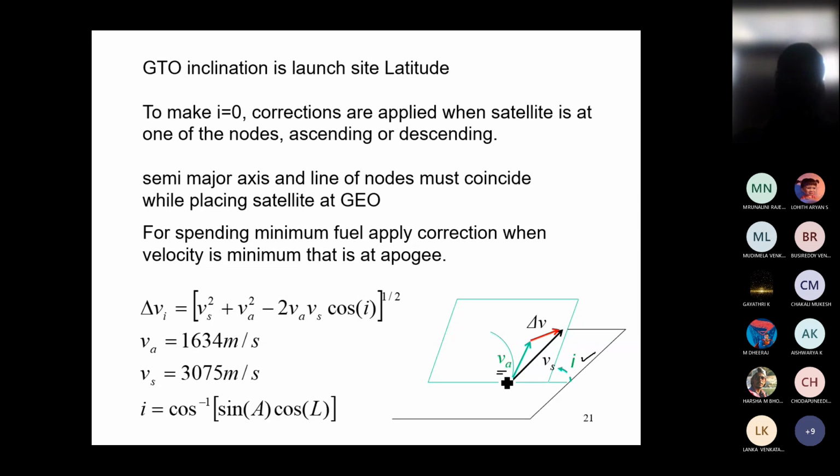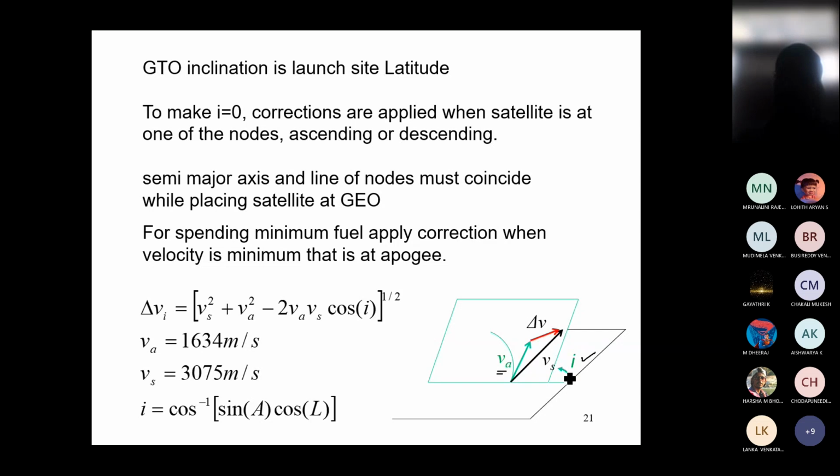So Va is the velocity vector of the satellite when the satellite is moving at an inclination angle given by I. If we have to apply some correction, then we have to make this velocity vector aligned to the other velocity vector Vs. That means this Va should align with Vs. So that correction we have to apply.